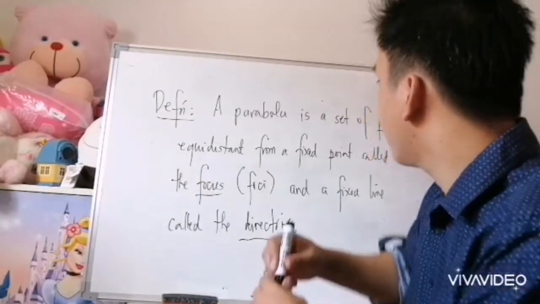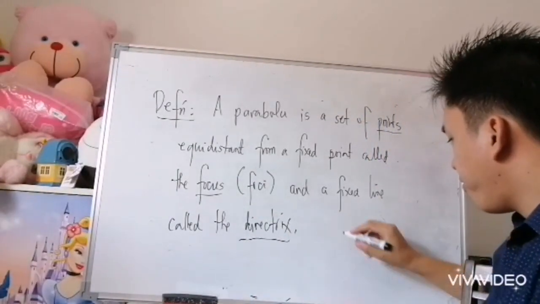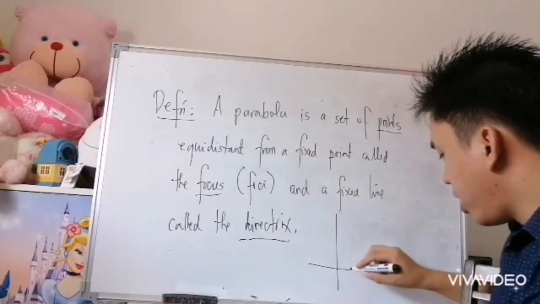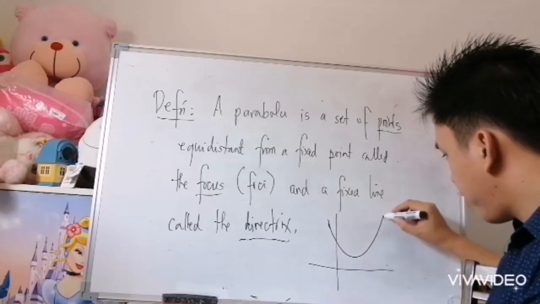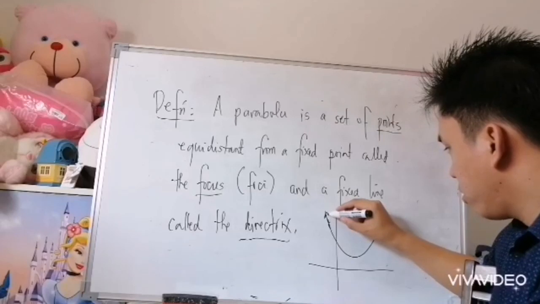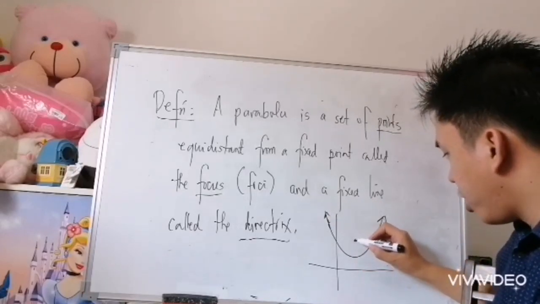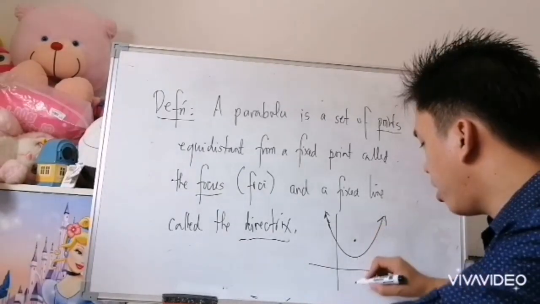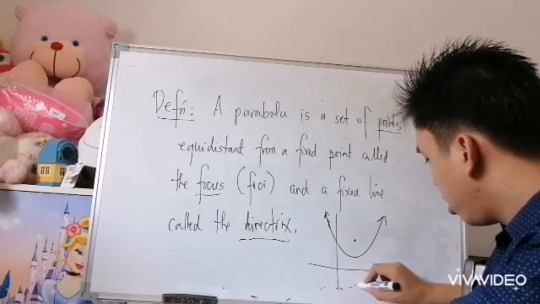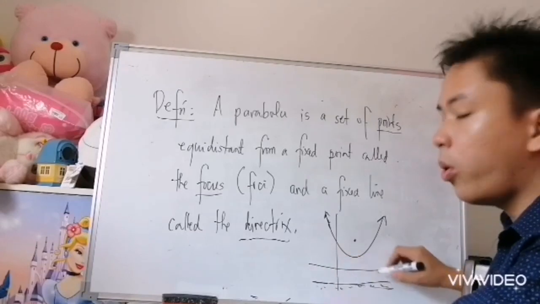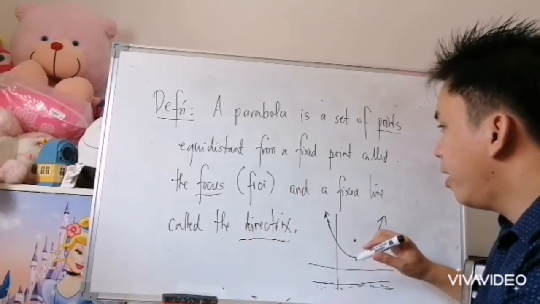In other words, if you have a graph of a parabola here, let's say this is a parabola, somewhere here is the focus of the parabola, and somewhere here is the imaginary line, the directrix of the parabola.